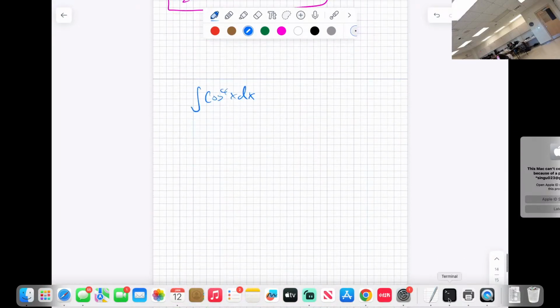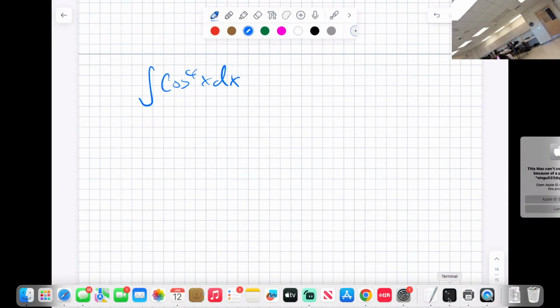So for this particular case, we know that cosine squared of x is 1 plus cosine of 2x over 2, and we know that this is squared.